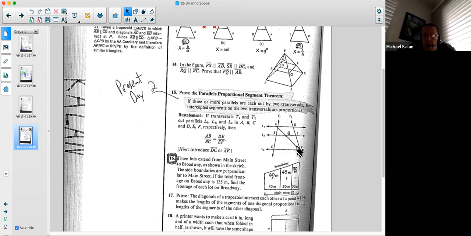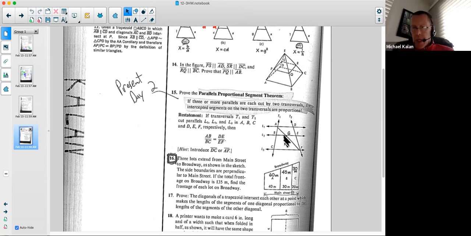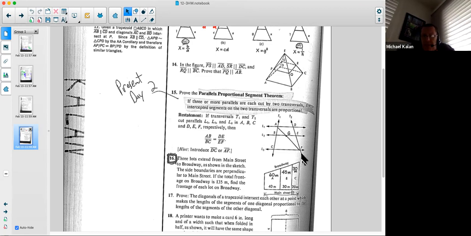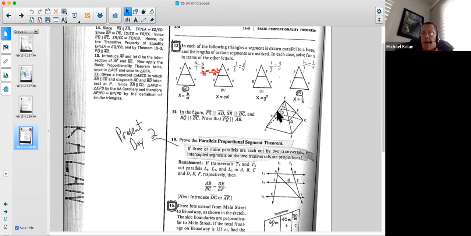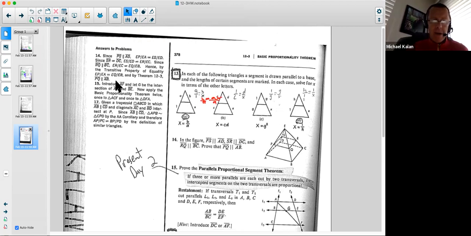Don't we also know that because line 2 is parallel to line 1, AG over GF is equal to DE over EF? So in other words, the ratios AB over BC and DE over EF are both equal to the same ratio of AG over GF. Well, doesn't that make them equal to each other? Yes, it certainly does. Okay, if you want to see the solution to that, you can read this here.